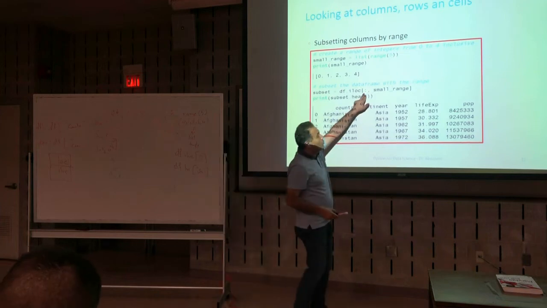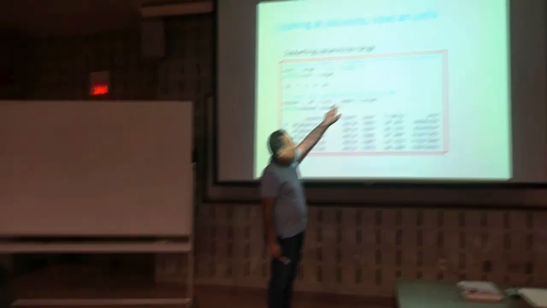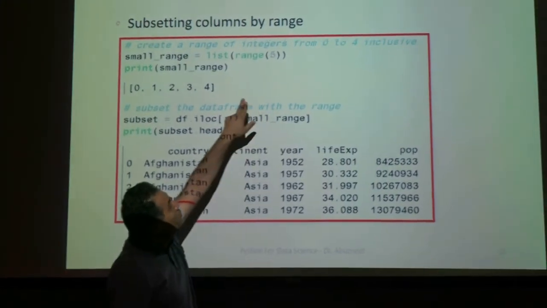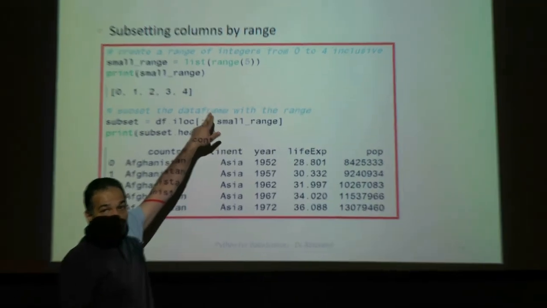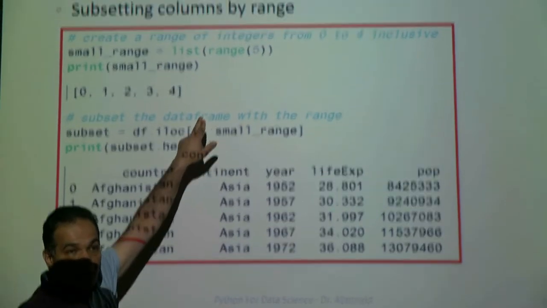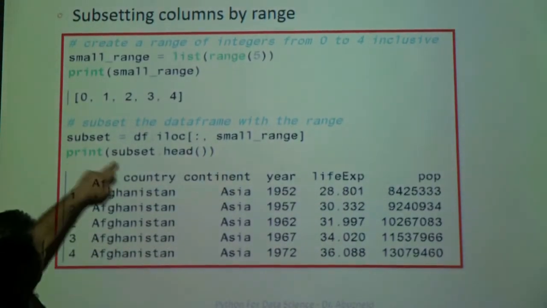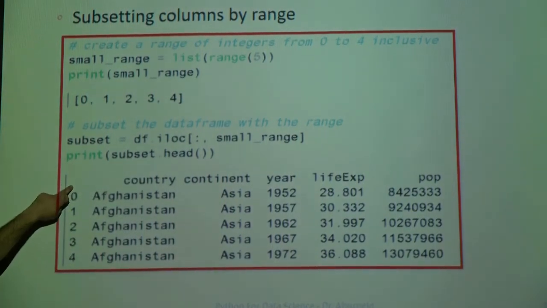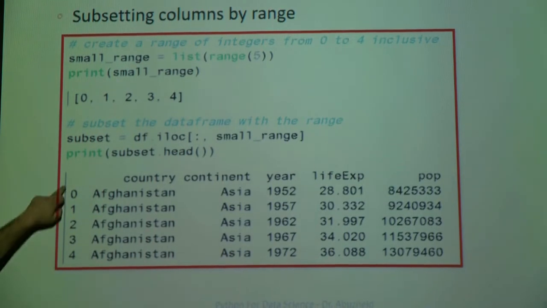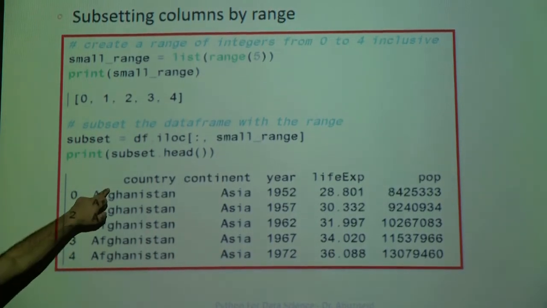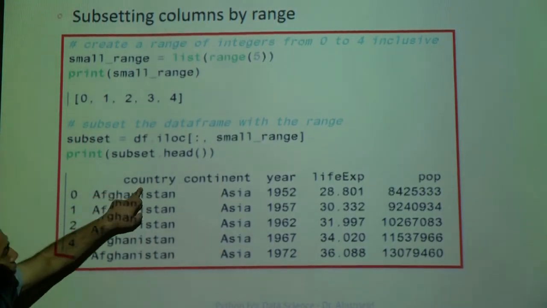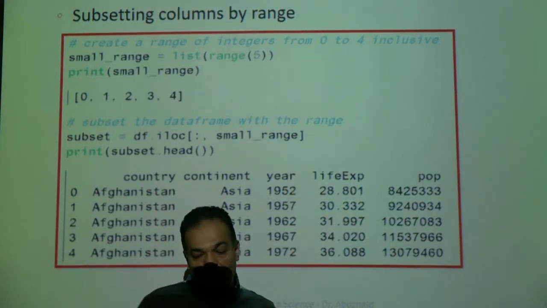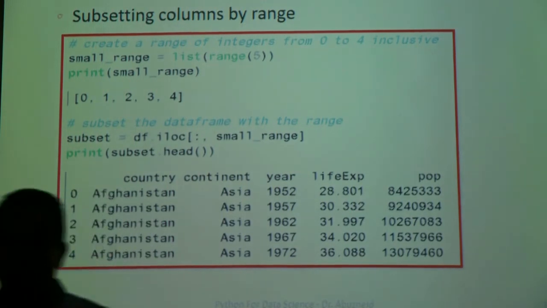After the comma, this will give me the columns. So small range will be substituted with 0, 1, 2, 3, and 4. When I print the header, I have all the rows, and the columns 0, 1, 2, 3, and 4. The fifth is missing because I did not request it.